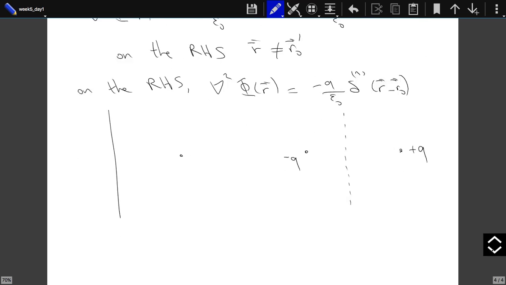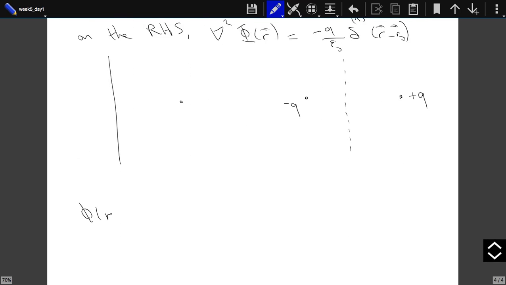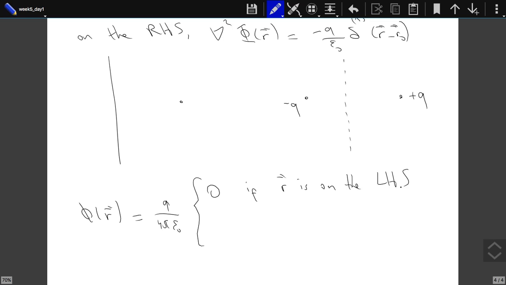So now we can write the potential. Phi of r is equal to q over 4 pi epsilon 0 times 0 if r is on the left-hand side, and 1 over |r minus r0| minus 1 over |r minus r0 prime| if r is on the right-hand side.